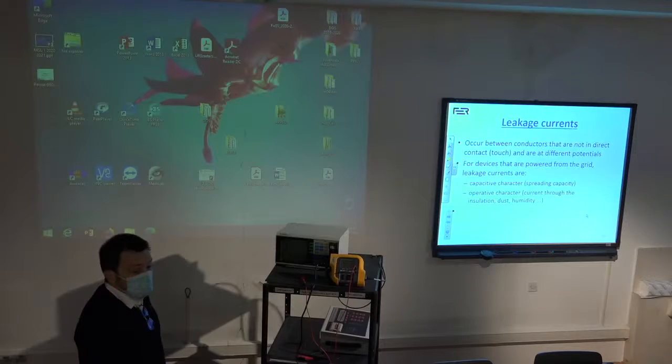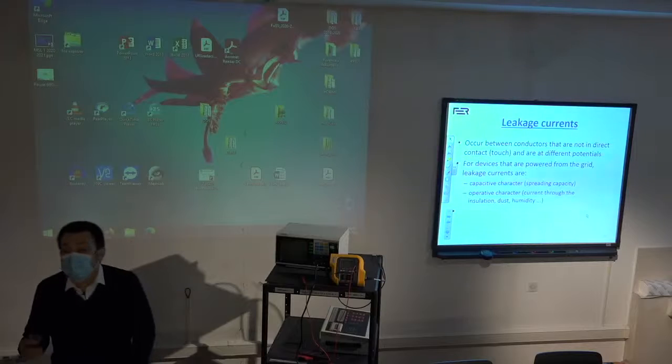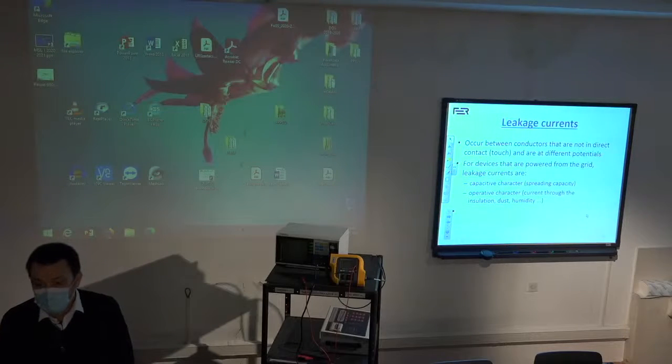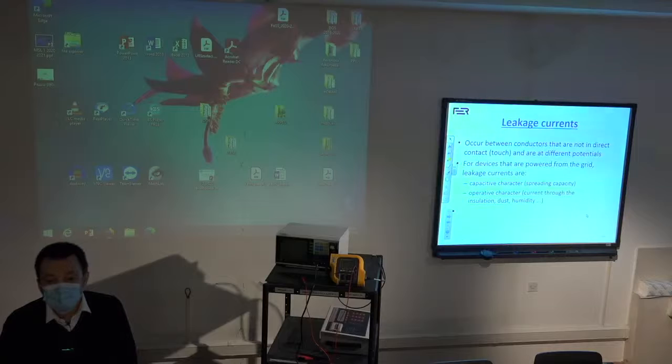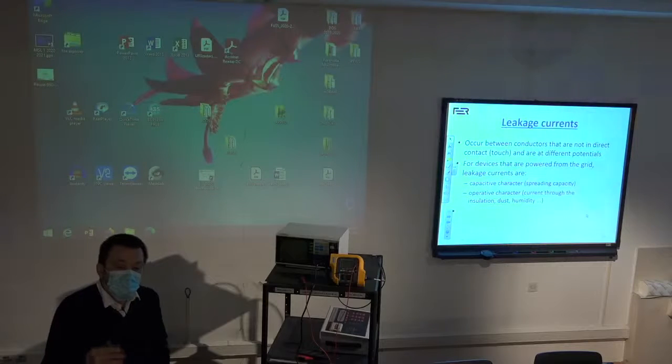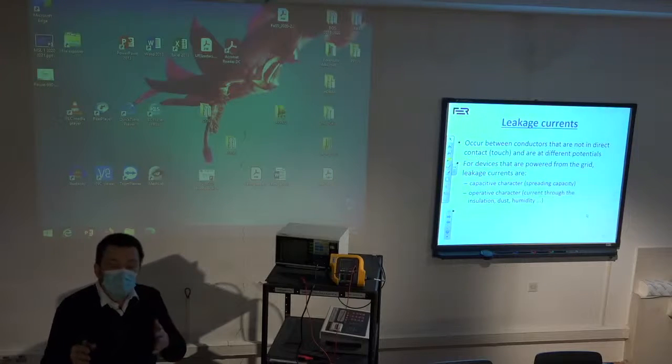So the leakage currents are those that are usually flowing through bad isolation. These are the currents that we do not design when we design a device. So as we could see, the leakage currents are actually more dangerous if they are at, let's say, the middle frequencies or frequencies from a few tenths of hertz to a few hundredths of hertz.